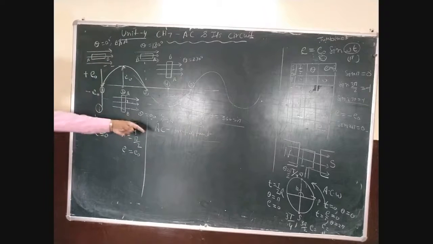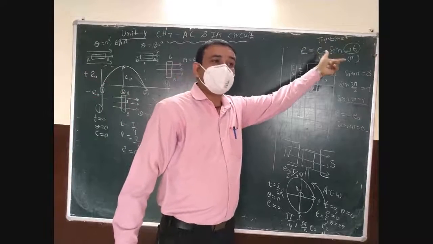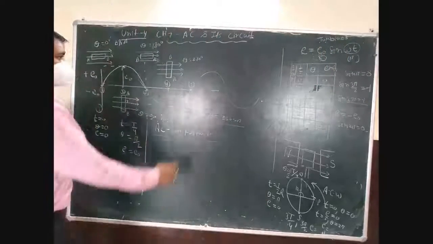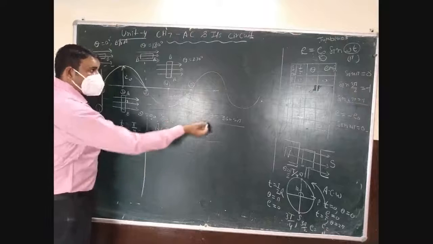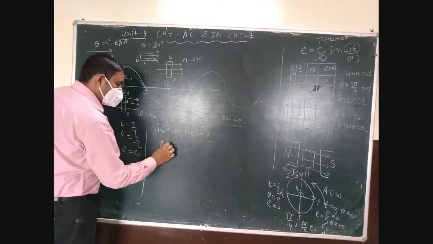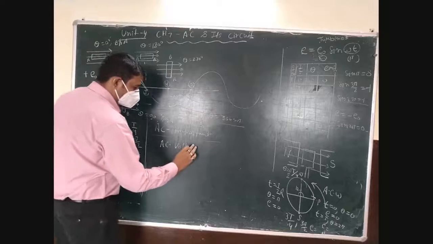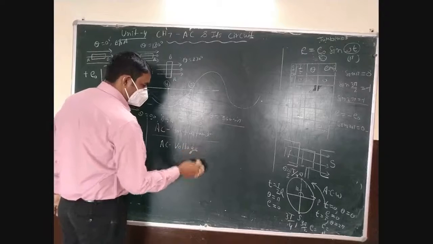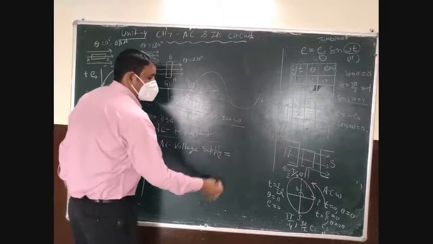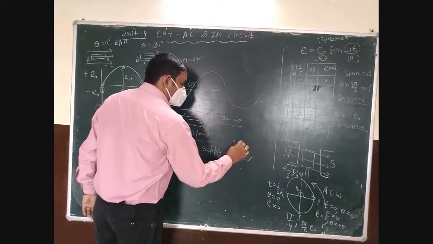So first, the nature of this induced EMF is alternating and periodic. Okay. Now the AC voltage supply is 220 volt domestic.